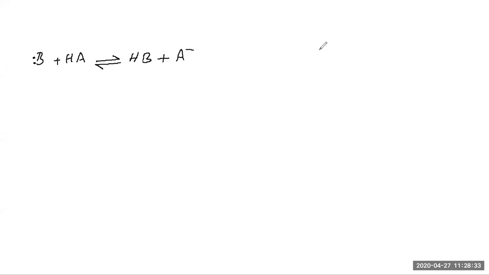You have to keep in mind, according to the Brønsted definition, the chemical or the species that can donate, give, H plus, a proton, that one will be considered acid.